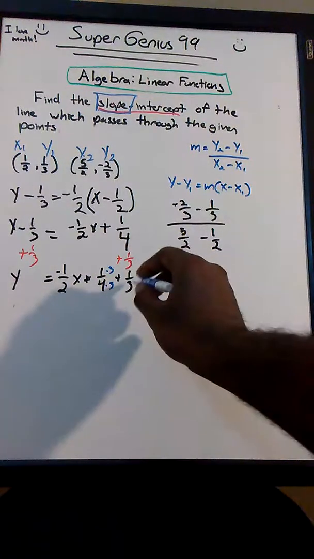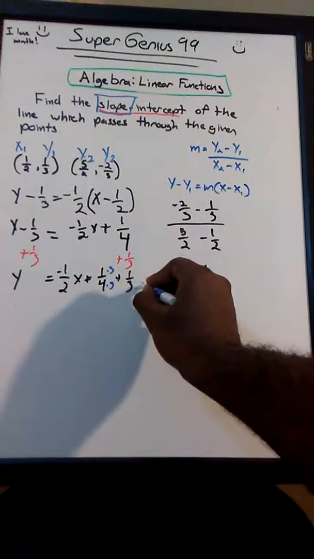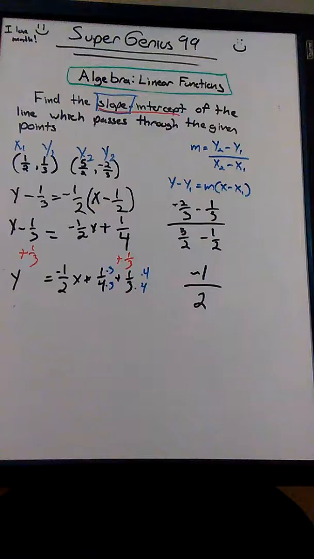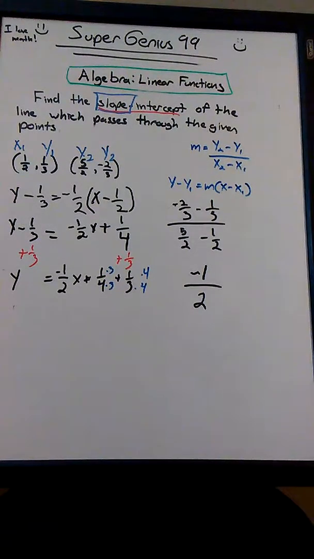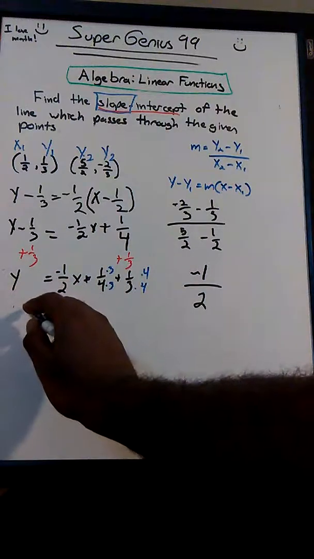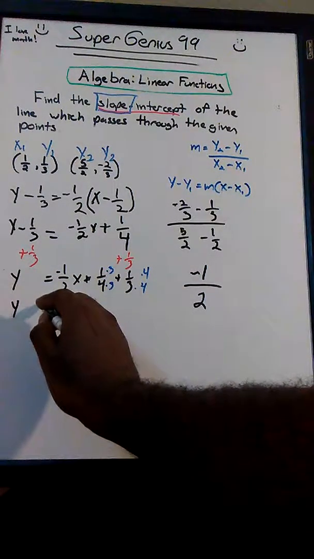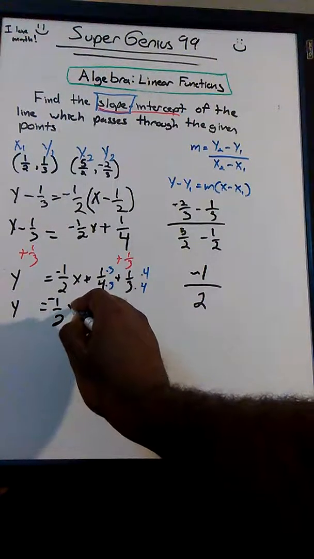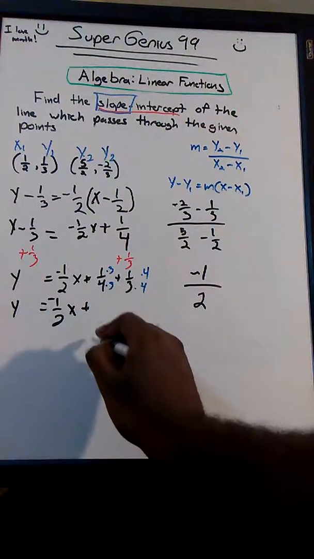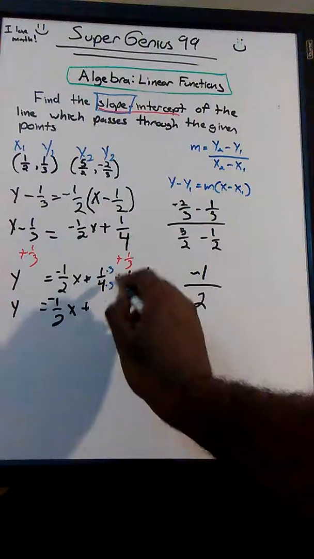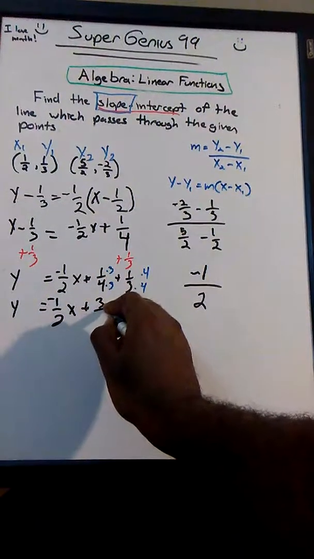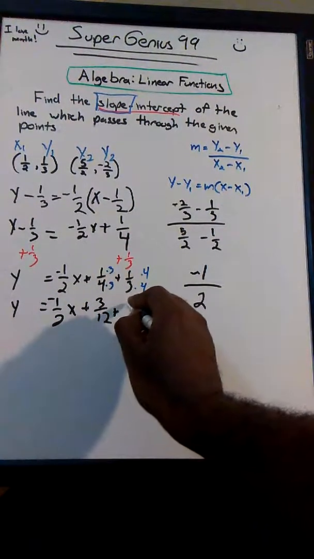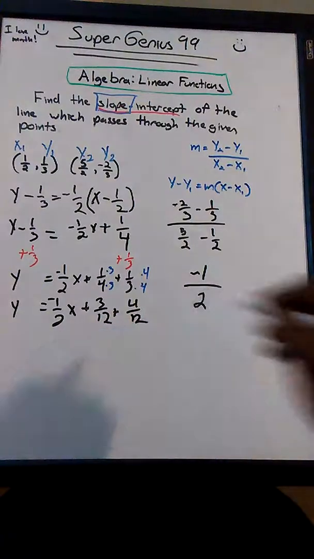And I need to multiply this by what to get 12? 4 over 4. So now that becomes y is equal to negative 1/2 x plus 3/12 plus 4/12.